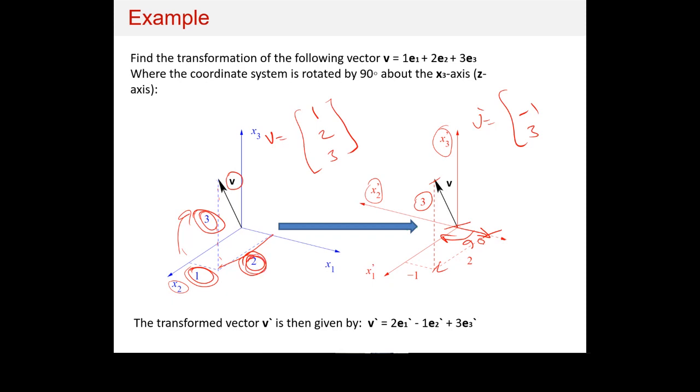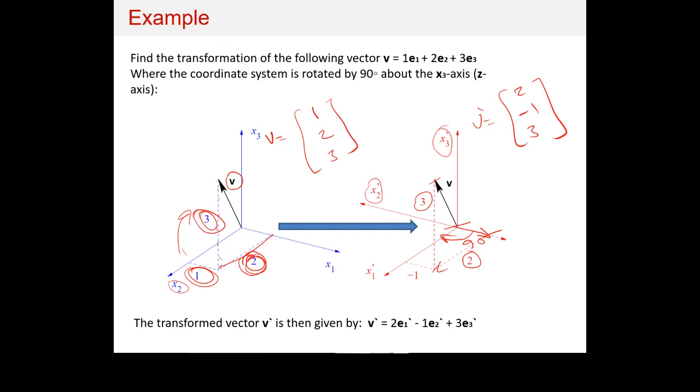So this 2 here is the same as the 2 here. So in the new coordinate system, V dash should be 2, -1, and 3. This is just looking at the picture. I have not done any mathematics here. I'm just using logic to analyze how the components would look. Okay, do you agree with what I've said, or do you have any questions?